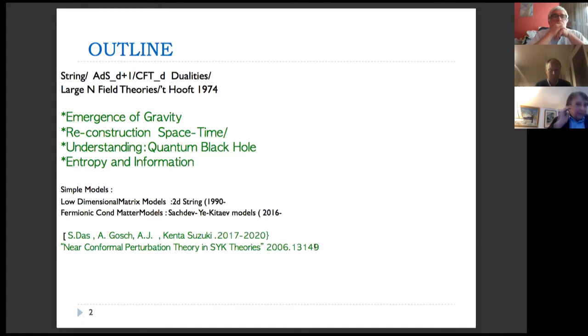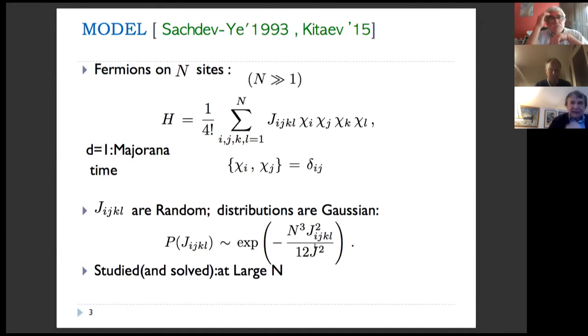But since I have limited time, it obviously will not be a technical talk. Whoever is interested or intrigued might look at some of the papers. So the model is due to Sachdev and Ye in 1993 for totally condensed matter studies.